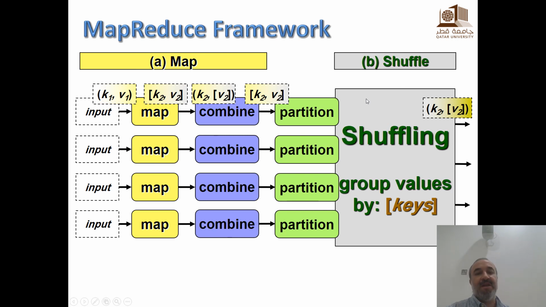Now, combine tries to aggregate locally the values that are associated with the same key. So we have to do some local grouping first. It's not shown here.